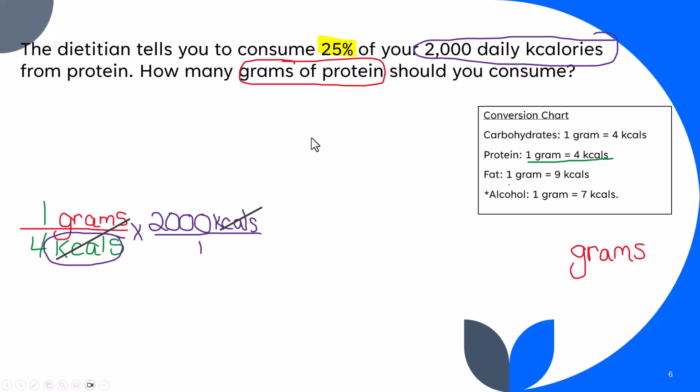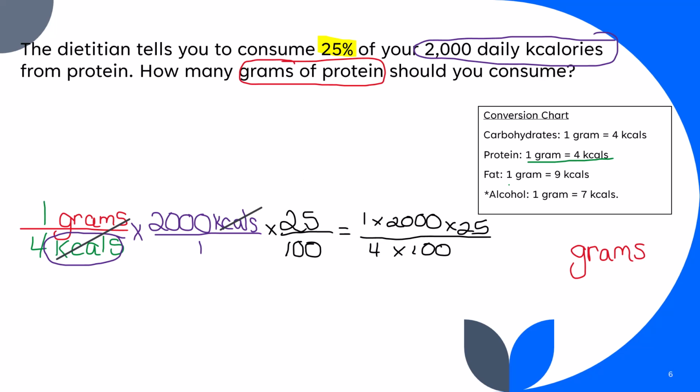And in this case, we see that it is 25%. Well, 25% is also written as 25 over 100. So then we do the math. 1 times 2,000 times 25 in the numerator. And in the denominator, we have 4 times 1 times 100. And if you do that math, you end up with, I think it's 50,000 over 400, which then equals 125 grams.